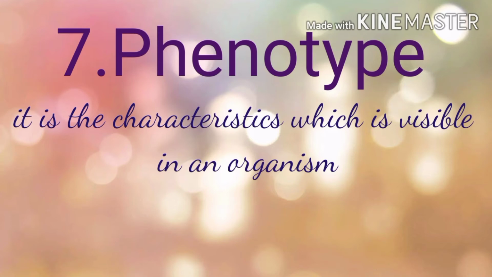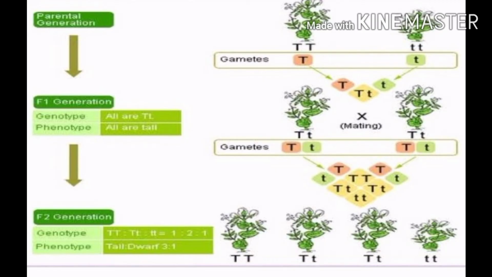Let us now define phenotype. It is the characteristic which is visible in an organism. Again, here we are going to understand phenotype with the help of the pea plant experiment. In the F1 generation offspring, you will notice that all plants are tall.